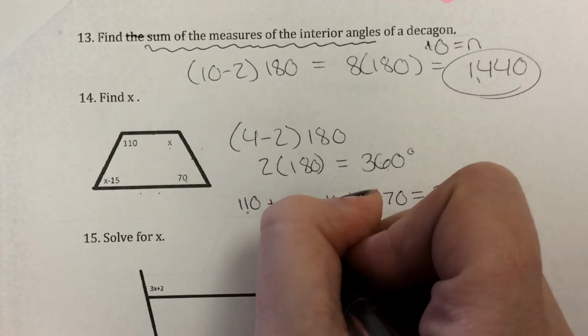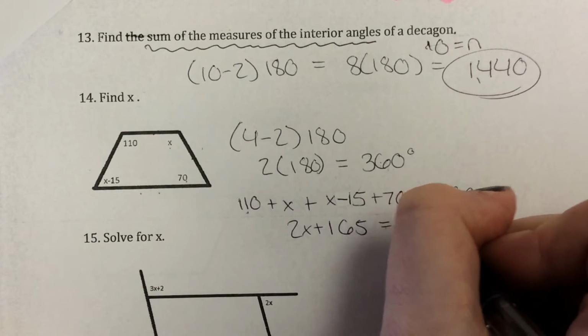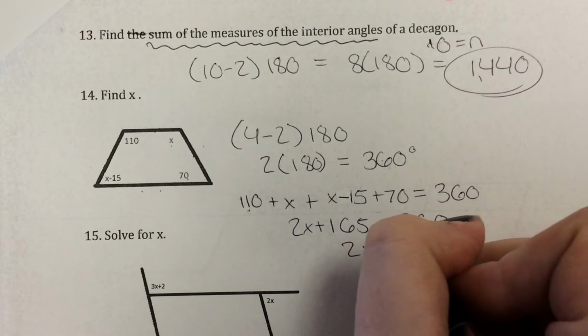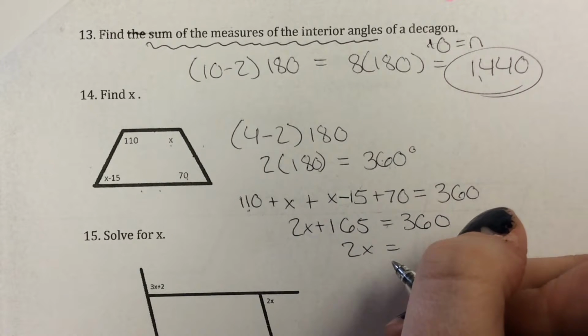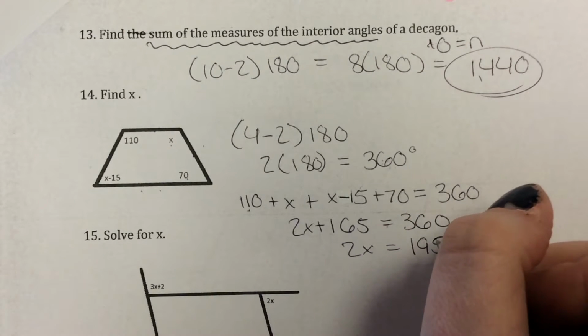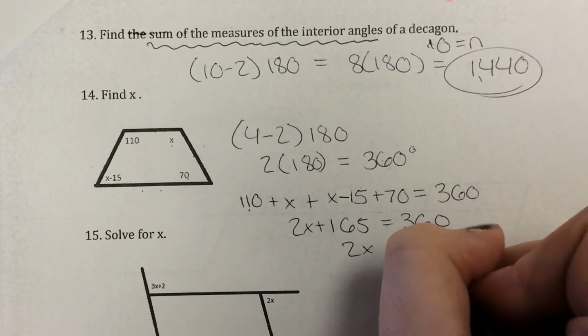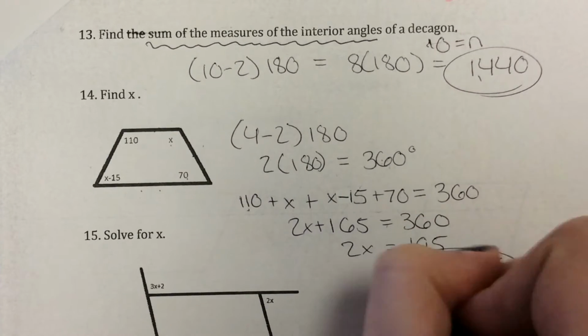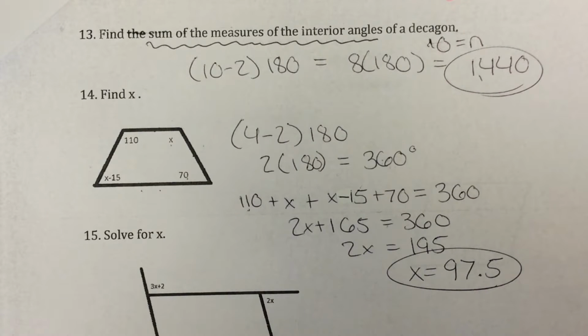So 2x plus 165 equals 360. Subtract the 165. That is 195. And divided by 2, I'm going to get a decimal. That's okay. x equals 97.5. 97 and a half.